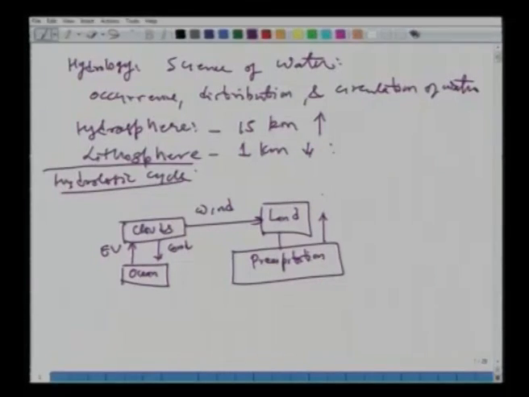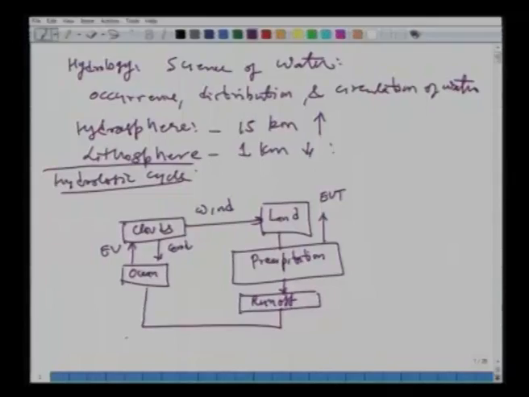Part of this precipitation again can become evaporation, or from land it will become evapotranspiration, and part of it will become what is called runoff. Okay. What happens to this runoff? This runoff finally goes into the ocean through streams and rivers.